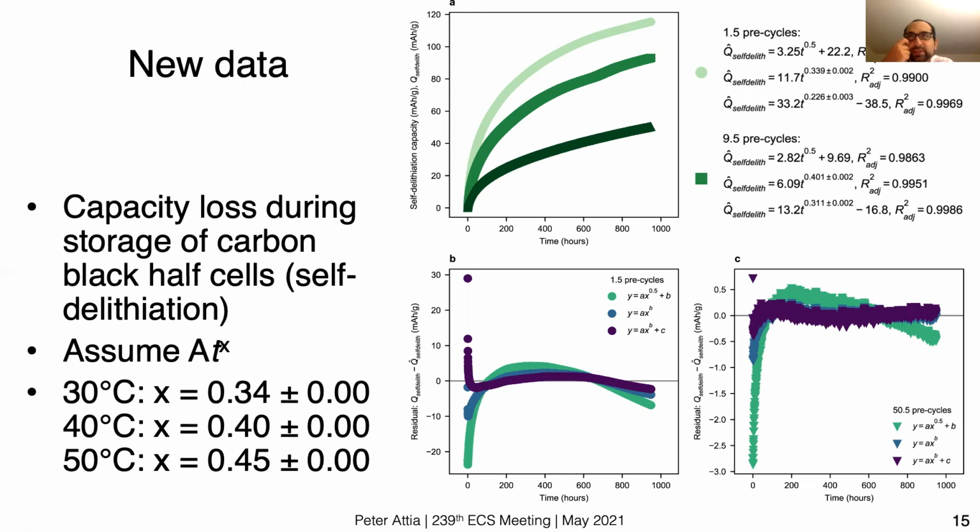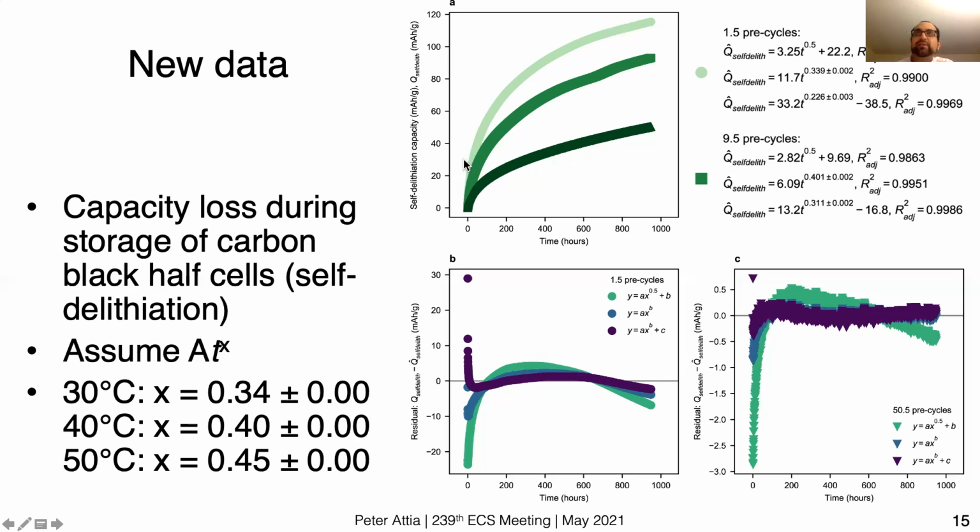Without getting too detailed into the method here, the idea is that if we measure the voltage versus time trend for the self-delithiation, and we have a recent delithiation cycle, Q versus V, we can combine the Q as a function of V and the V as a function of T to get Q as a function of T. That was a bit of a mouthful, hopefully you caught it, but this is basically the measure of the self-delithiation capacity as a function of time.